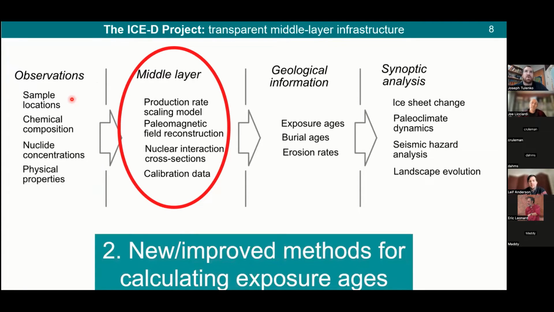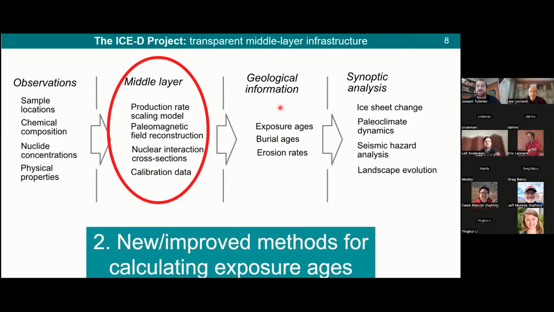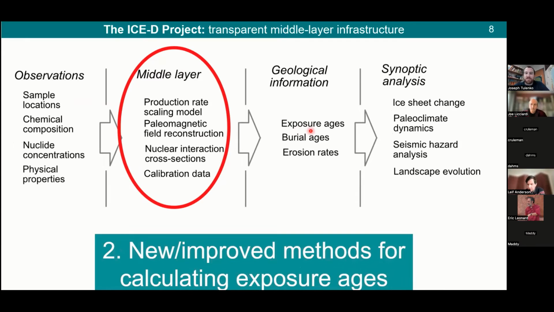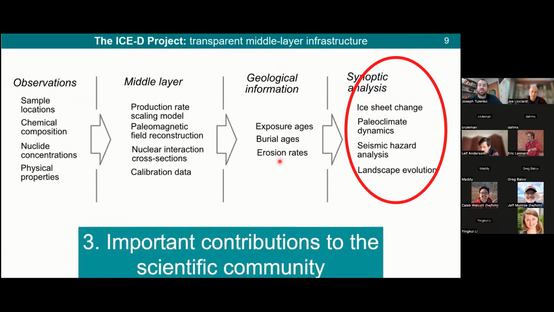And the community is ever evolving and growing and improving the methods for actually calculating an exposure age, going from the observations to the actual geological information. And then once you have your exposure ages, burial ages, erosion rates, etc., then the community makes these important contributions to science overall, such as past ice sheet change, paleoclimate dynamics, seismic hazards, landscape evolution, all these really important contributions.